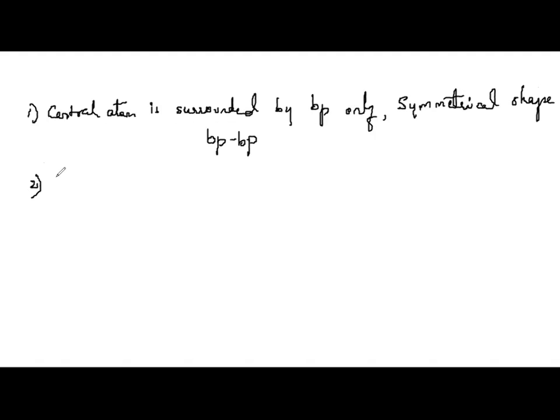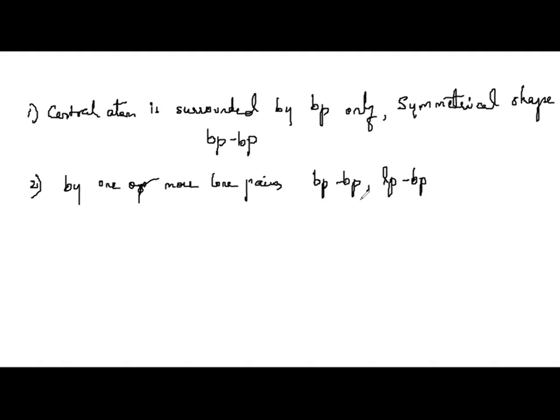If the central atom is surrounded by one or more lone pairs, then I can expect bond pair repulsions, or if there is only one lone pair, there will be lone pair-bond pair repulsions also.